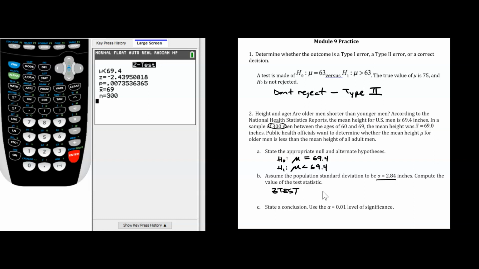My test statistic is z, so z is equal to negative 2.4395. So in other words, my data of 69.0 is almost 2.5 standard deviations below the mean if we assume this to be our mean.